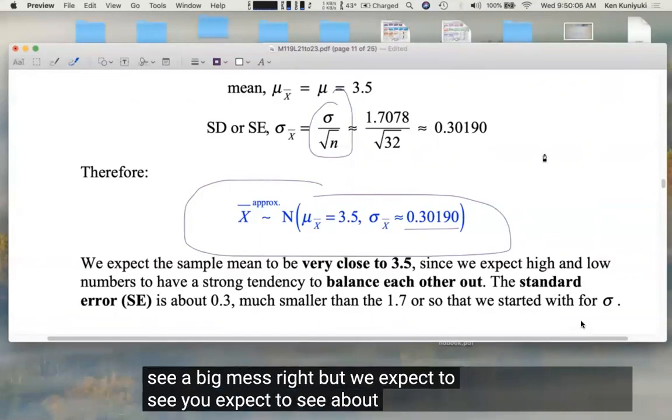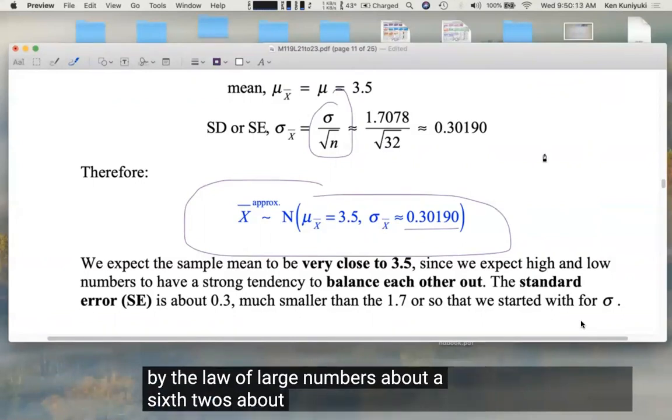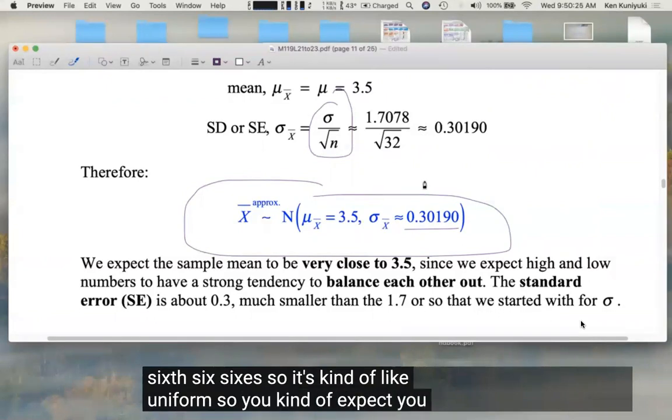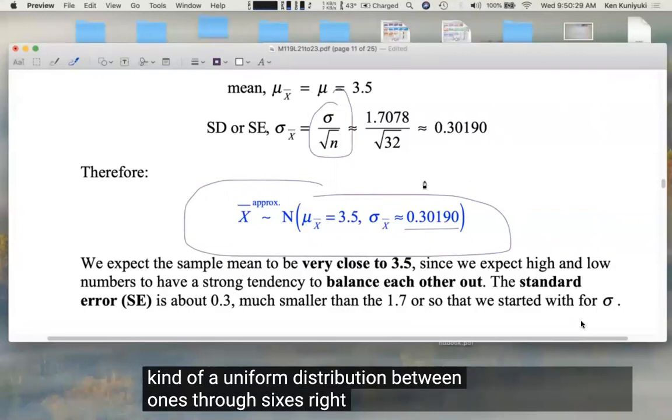You expect to see about a sixth ones by the law of large numbers, about a sixth twos, about a sixth threes, about a sixth fours, about a sixth fives, about a sixth sixes. So it's kind of like uniform. You kind of expect a uniform distribution between ones through sixes, right?